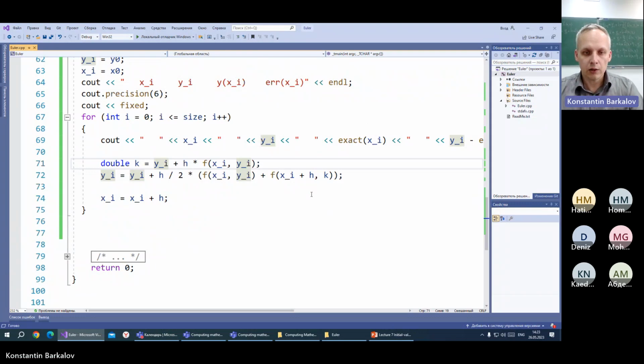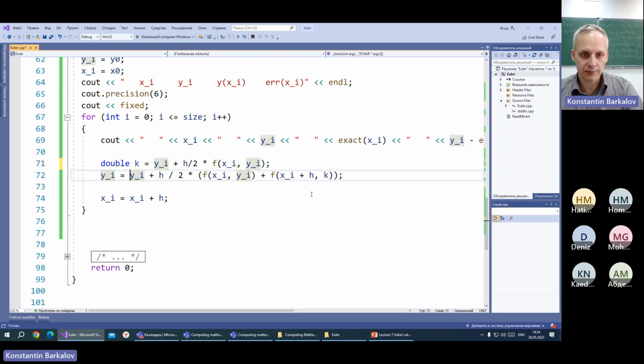Now the coefficient k is computed as y_i plus h over 2 times f of x_i, y_i. And the new value of y is computed as y_i plus h times f of x_i plus h over 2 and k.